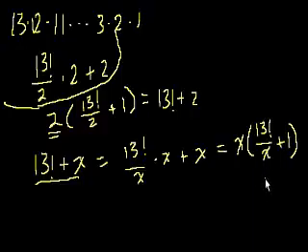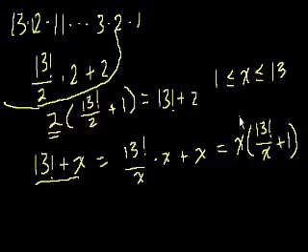Well, just a little thought experiment. We know as long as x is greater than or equal to 1 and less than or equal to 13, and x is an integer, it is one of the factors of 13 factorial, right? 13 factorial is 13 times 12 times 11.